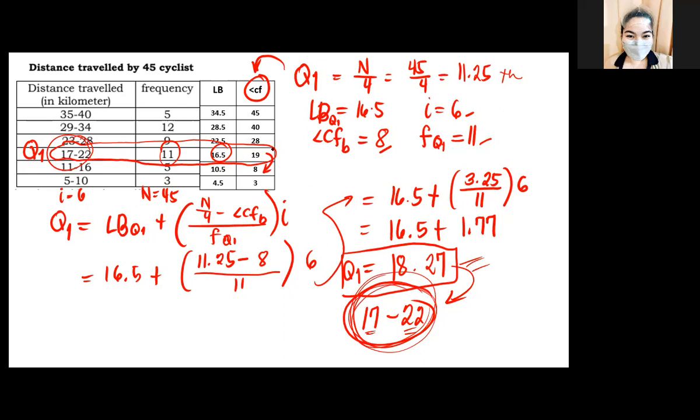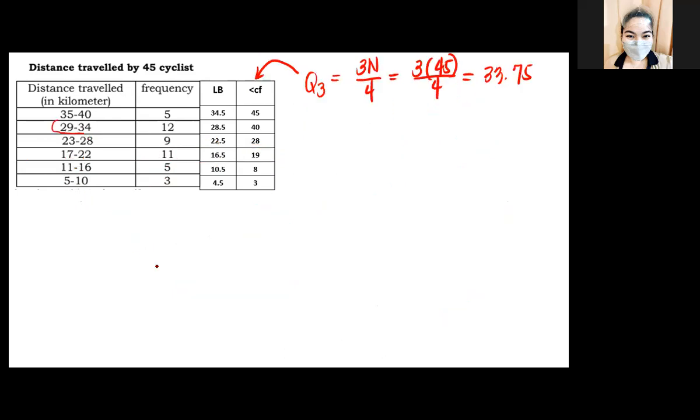Kung nasan yung class ninyo, dapat within that din yung answer ninyo. So dahil ang third quartile class natin ay ito, yung answer natin dapat nasa 29 to 34 lang din.